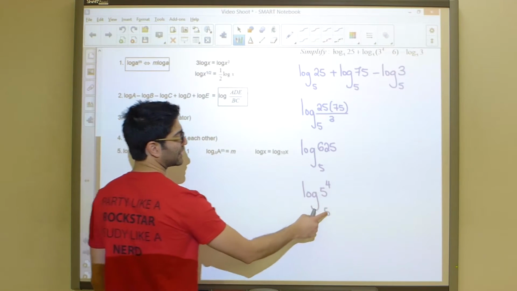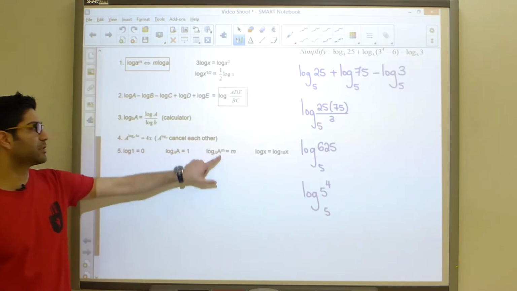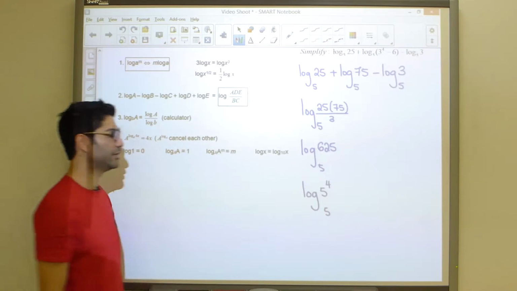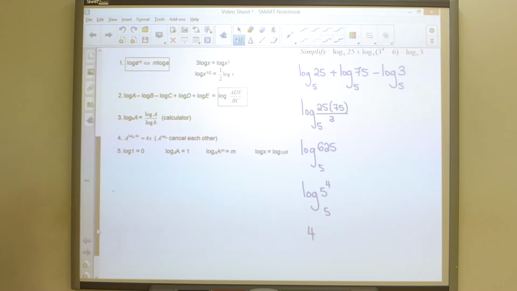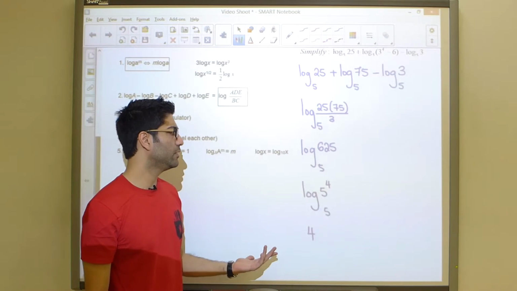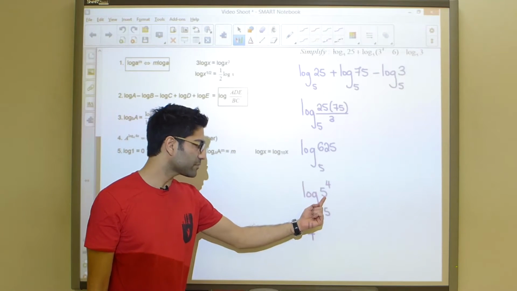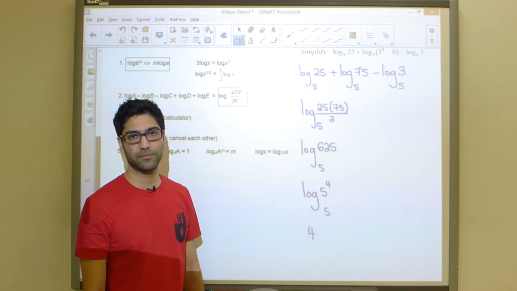And if you have the same base and same value over here, we can apply this property you see on the board right here. The answer is just going to be our exponent, or in this case, 4. But the big question here, guys, is how are we supposed to know that 625 is 5 to the power of 4? That's the big question.